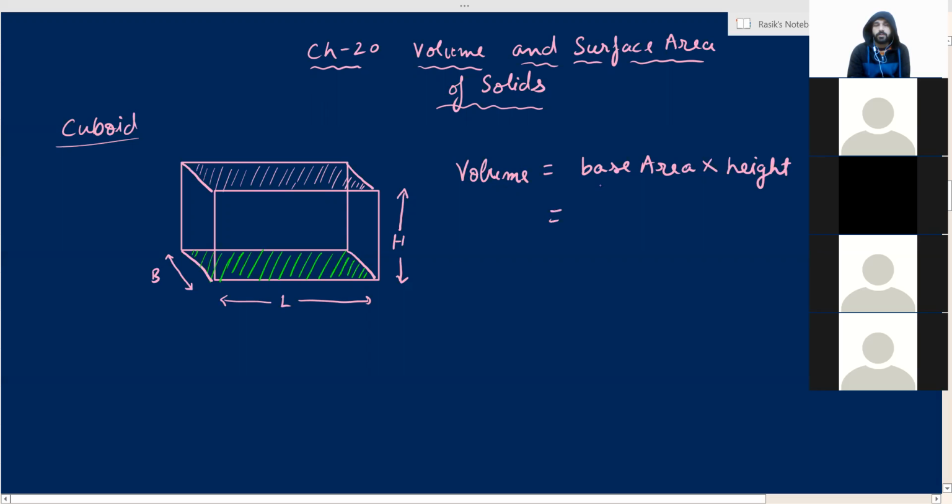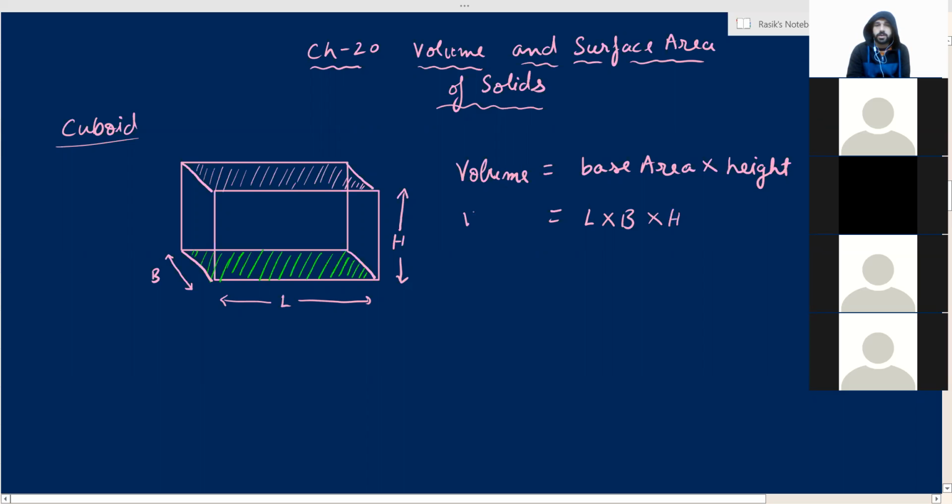And the area of a rectangle is length into breadth, right? Yes. So base area means area of the base of the solid. So here in this case, it is a rectangle. Area of rectangle is length into breadth, and L into B multiplied by height.